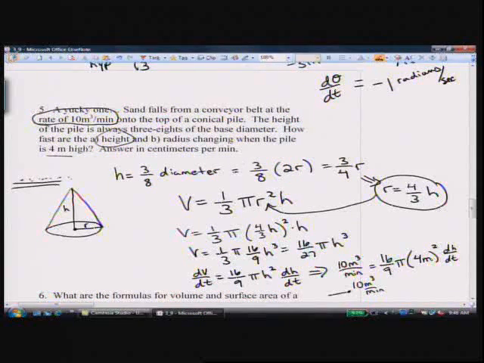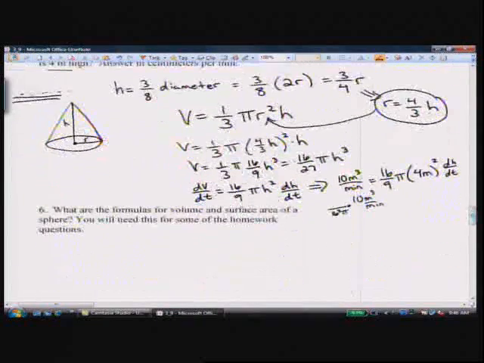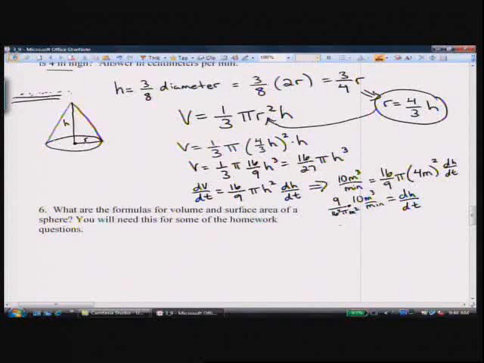So that's going to be on the bottom, 16 squared pi is in the denominator, and the 9 is in the top if I were solving for dH/dt. Are y'all okay? And this is meters squared, so I am going to end up with meters per minute. Okay, so 90 over 16 squared pi meters per minute is dH/dt.